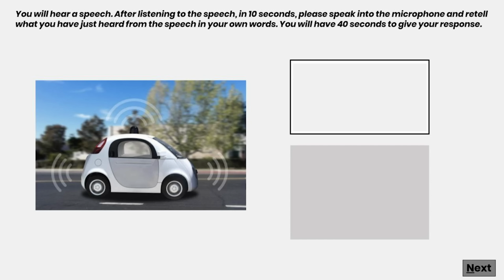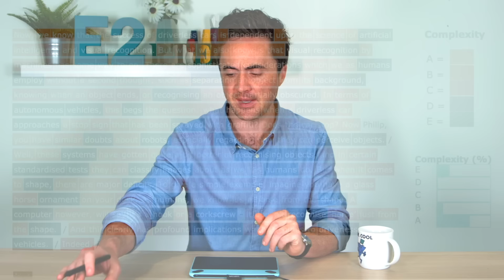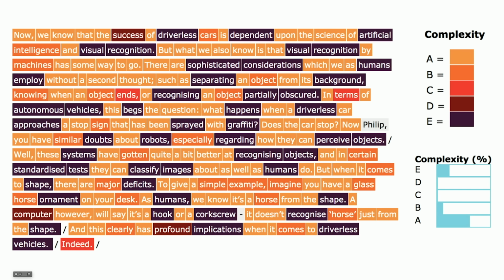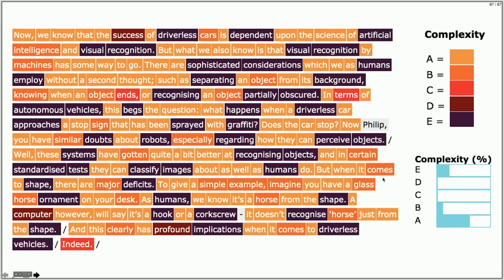Okay, how did you go retelling that lecture? Before I give you an example one, I just want to have a look at the vocabulary that we just looked at here. This one was a complex one, it was actually an interview, not so much a lecture.